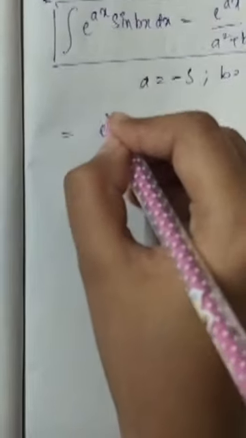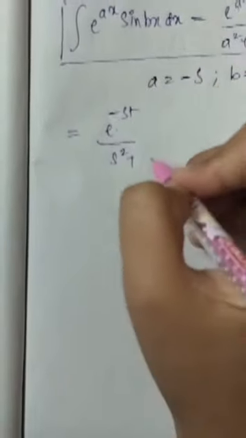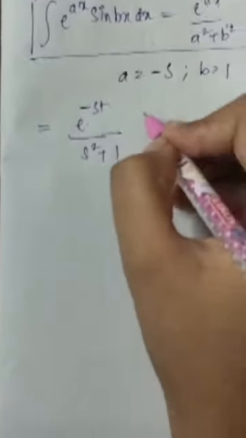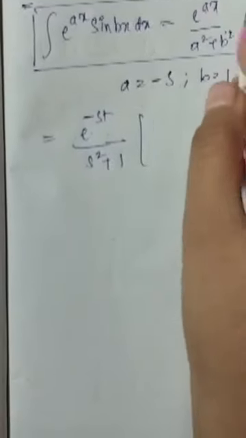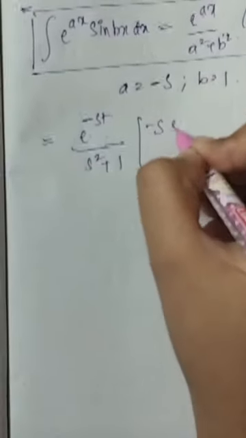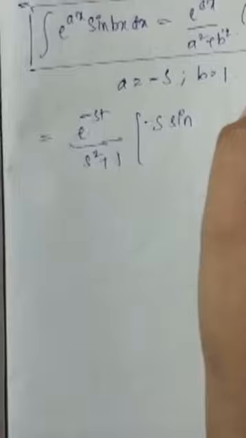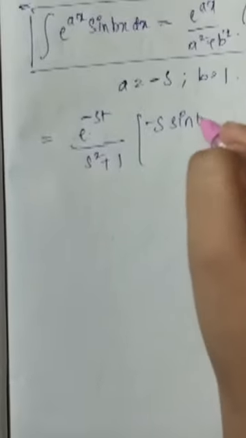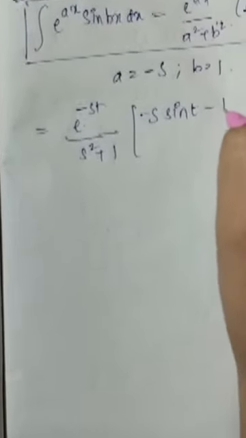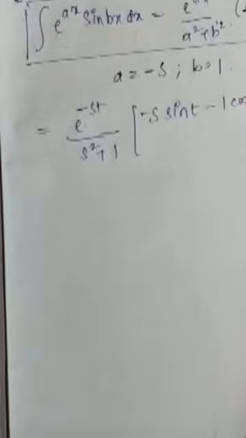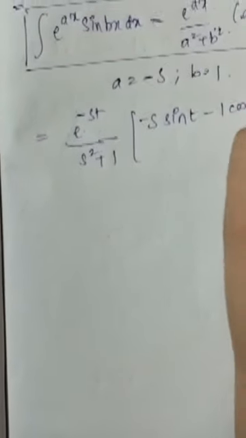Using the formula and substituting, e power minus st by what is a square, s square plus b square 1, into a is minus s sin, b is 1, t, minus b is 1, cos 1 t.